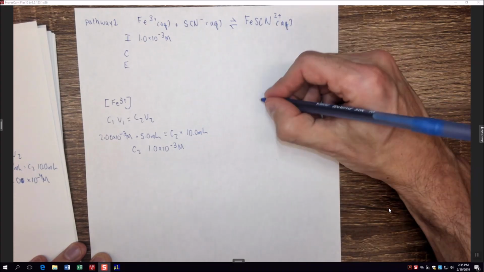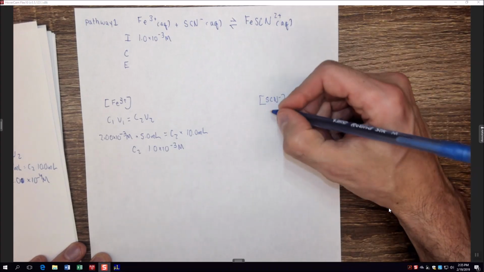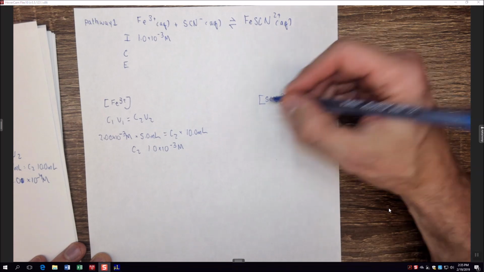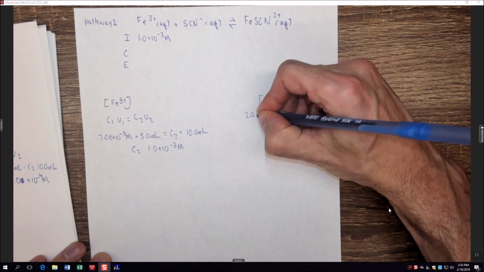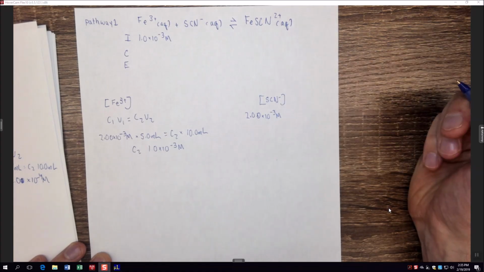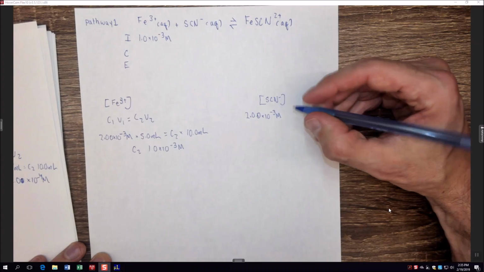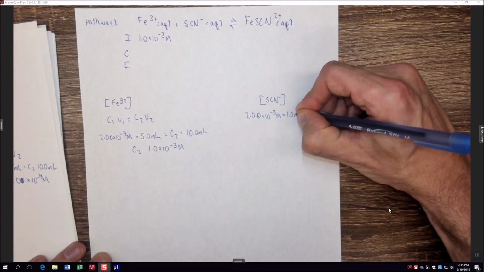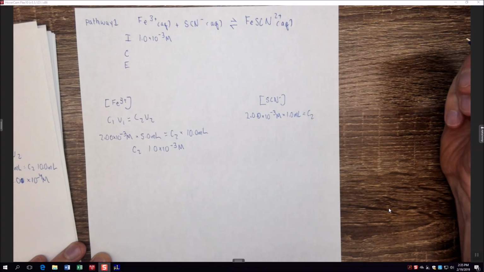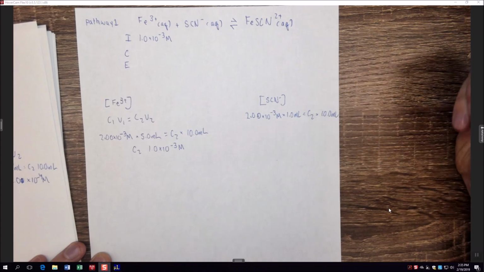What about the initial concentration of SCN-? Well, it turns out you could do this exactly the same way. C1V1 equals C2V2. I'm not going to write it again. But we're starting off with 2 times 10 to the minus 3 molar thiocyanate solution. But for the thiocyanate, for the first solution, we don't take 5 milliliters. We take 1 milliliter. The final concentration is the variable. That's what we're looking for. And the total volume, because it's in the same solution, is 10 milliliters.